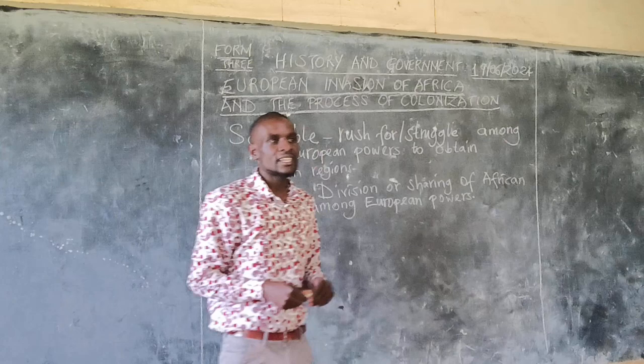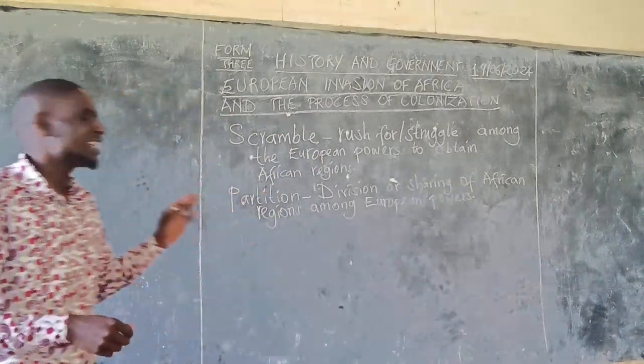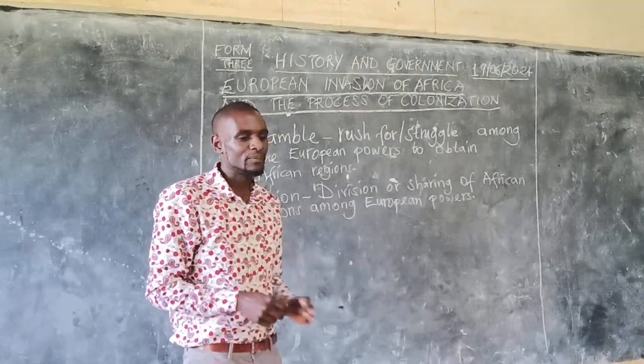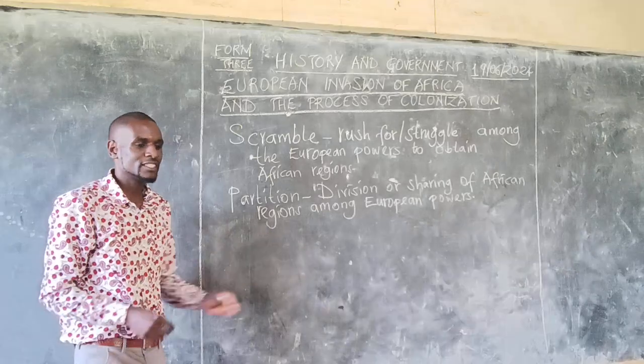When the Europeans arrived in Africa, they shared or divided African regions amongst themselves in order to control them. That's the definition of the term partition.